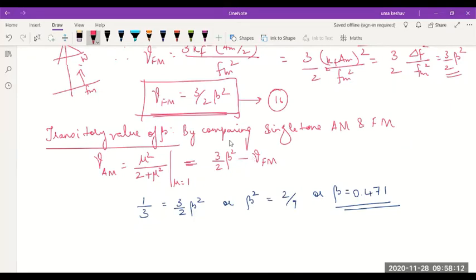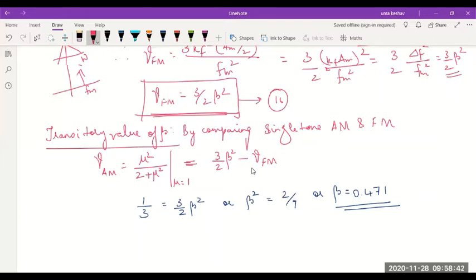So even in FM, by finding this value of beta, there will be a transit between poor reception and good reception. Transit means it's a change, right? Transitory means the value giving you a change between bad reception and good reception.